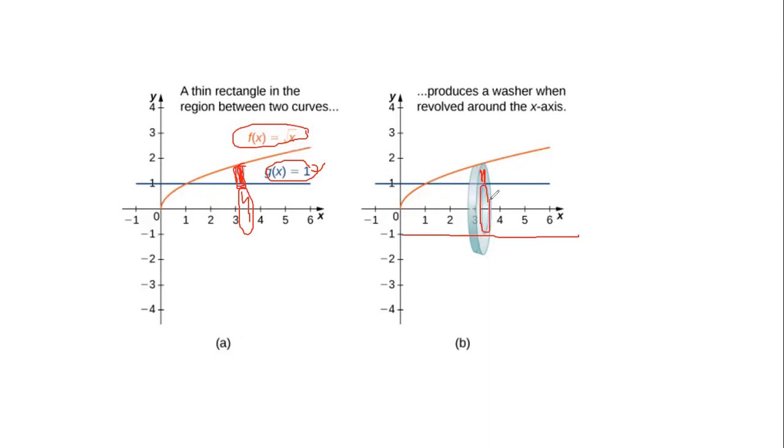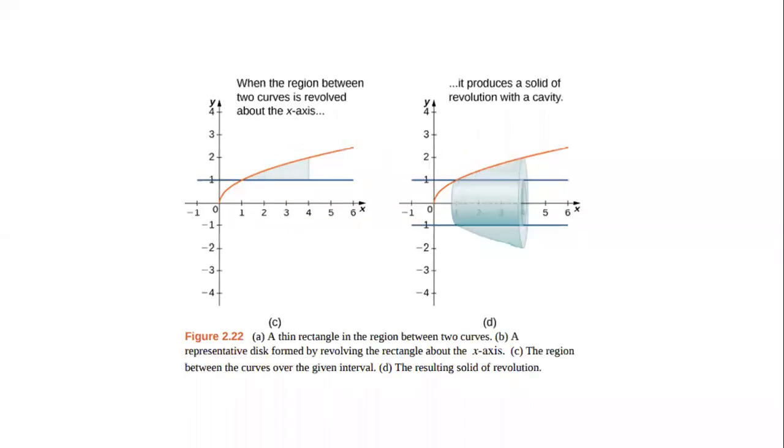So the washer method is used when there are two function values with different values. We select a rectangle between the curves, and after selecting the rectangle, I produce a washer which is revolved around the x-axis in this case. My interval is 1 to 4, so it starts from 1 and ends at 4.